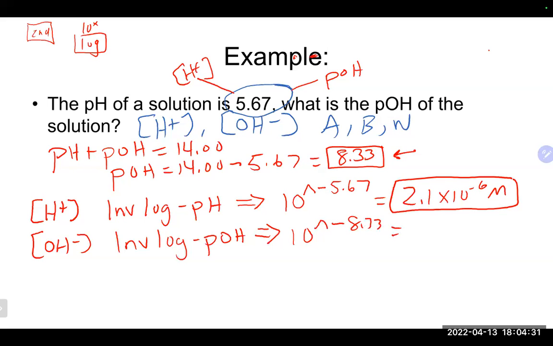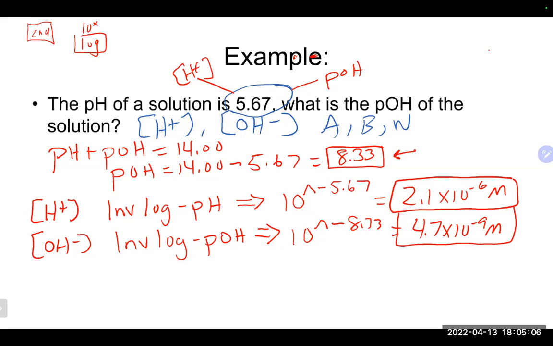And if you do that here, you end up with 4.7 times 10 to the minus 9 molar. Now, if your calculator is not in scientific notation, you might just have a bunch of zeros and a 4 at the end, which is basically the same thing. Questions on those calculations there?